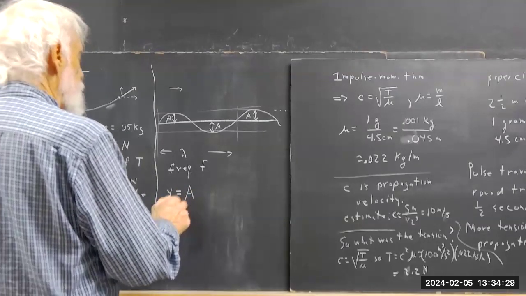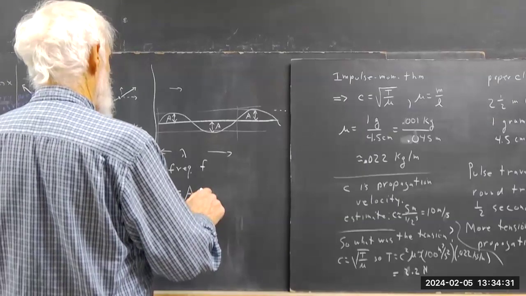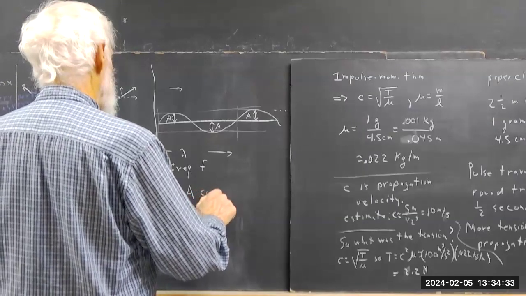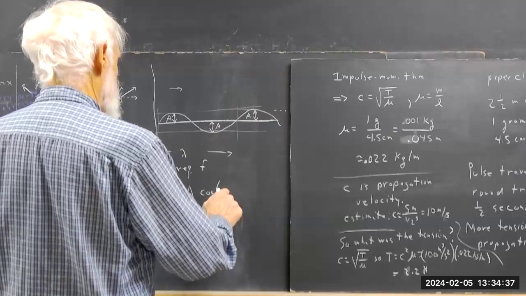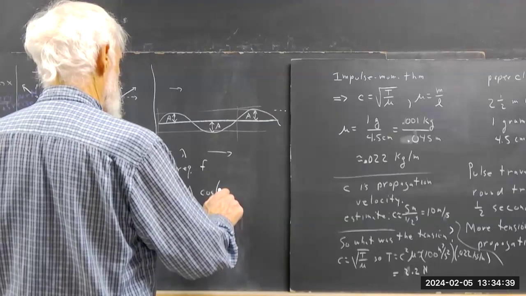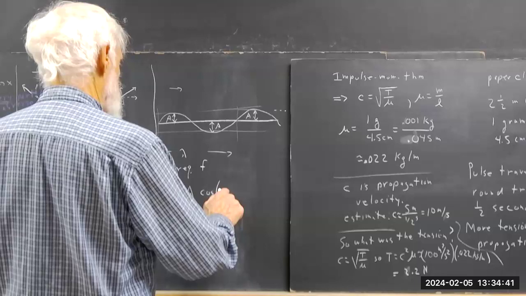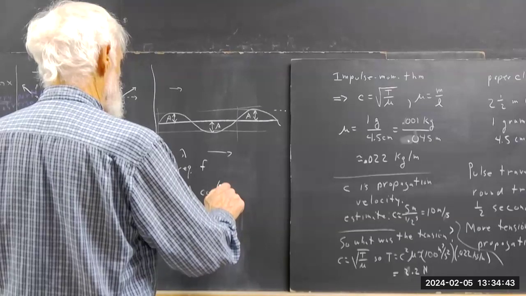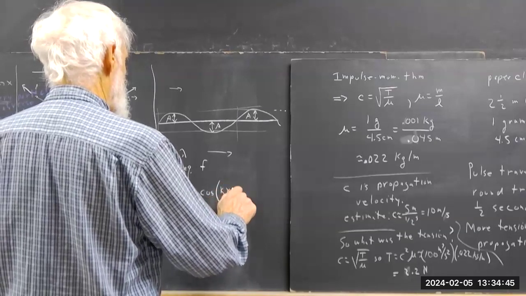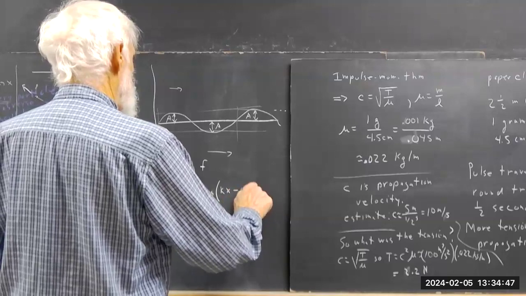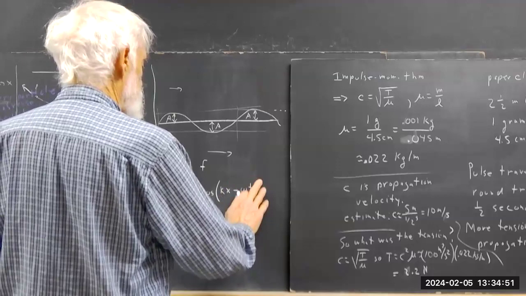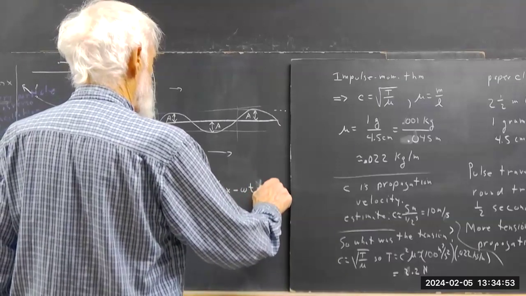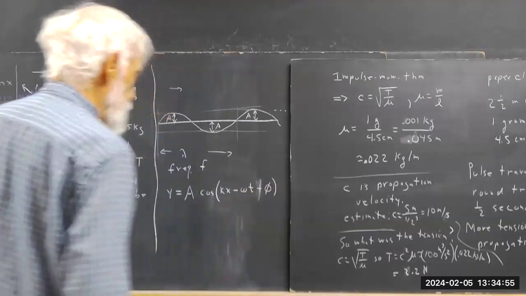And y equals A times cosine of kx minus omega t plus some constant phase angle.